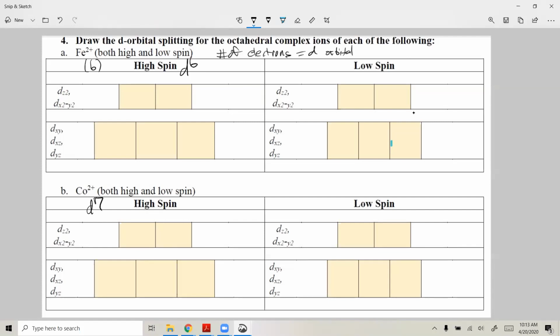When you think about high spin versus low spin, a lot of what it's talking about is your magnetism, with high spin being unpaired electrons, low spin being paired electrons.